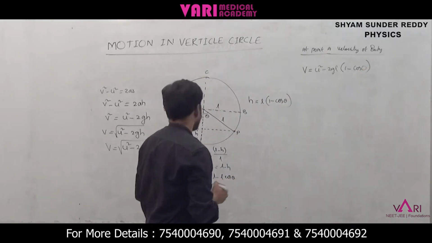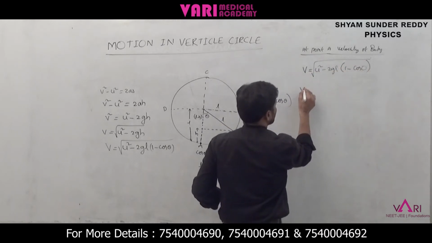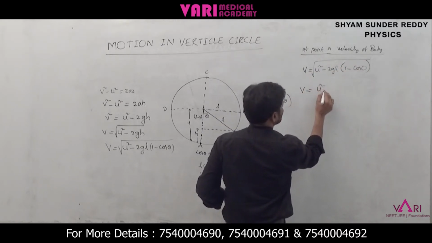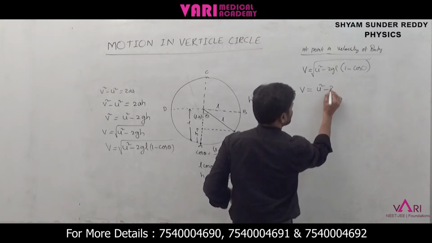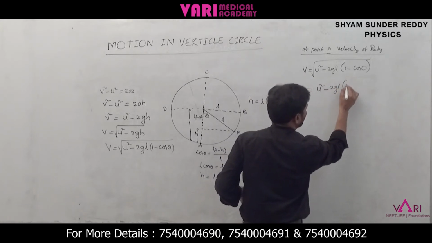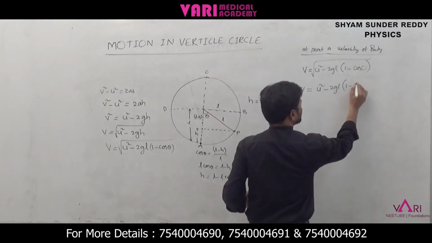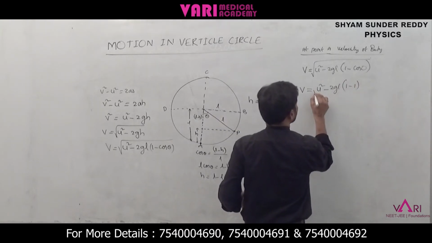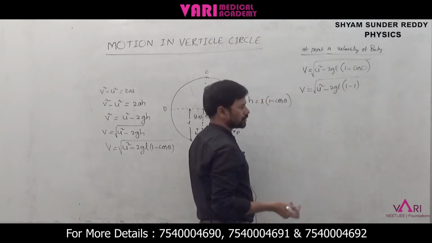Cos 0 is 1, so 1 minus 1 will become 0. 2gL into 0 is 0.